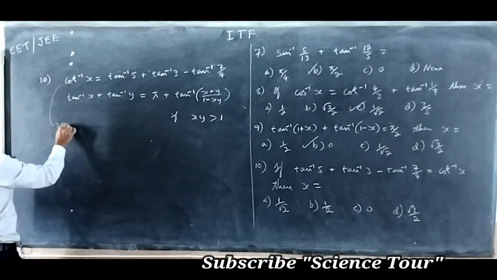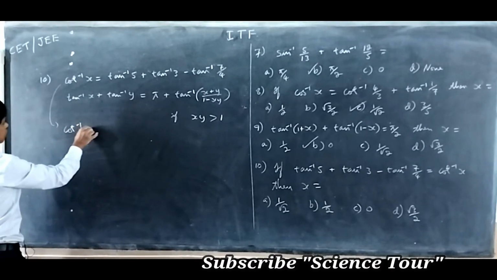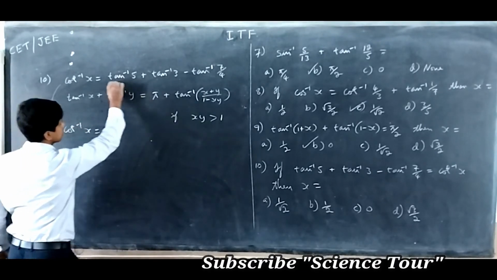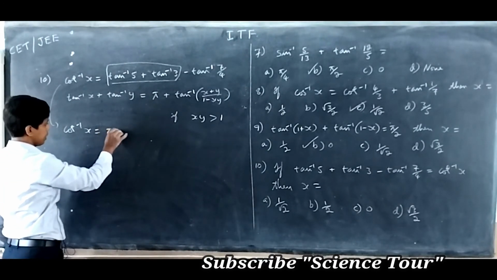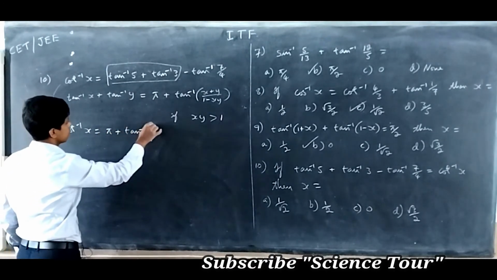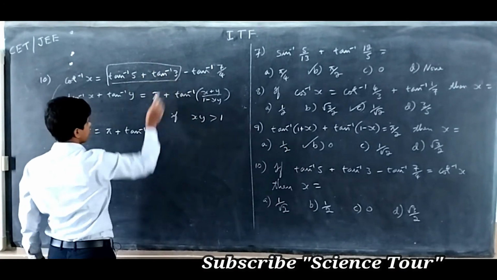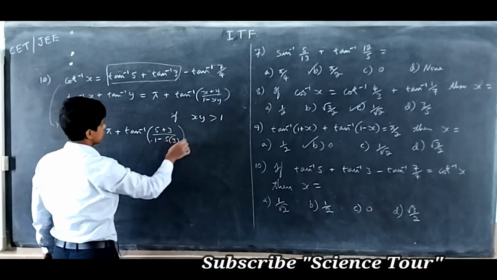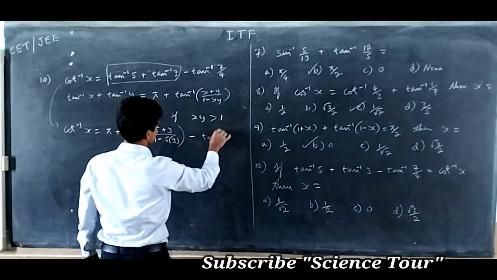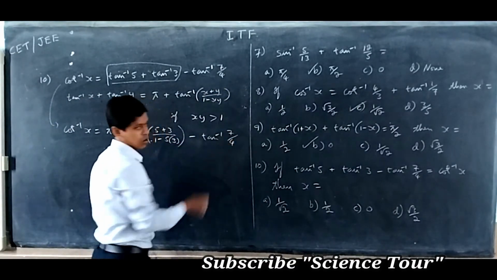So let me continue with the cot inverse x. In this place I will write pi plus tan inverse of x plus y, 5 plus 3, divided by 1 minus 5 into 3, minus tan inverse 7 by 4, which is there already.